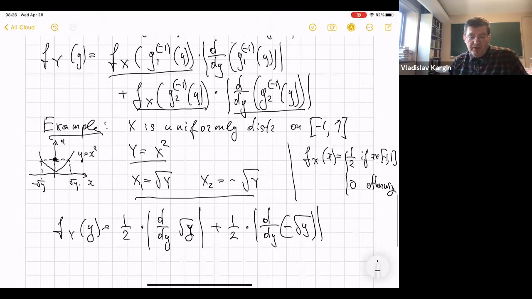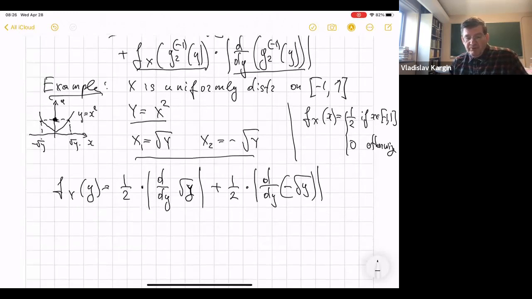It turns out this derivative is equal to 1/2 multiplied by 1 divided by 2 square root of y.